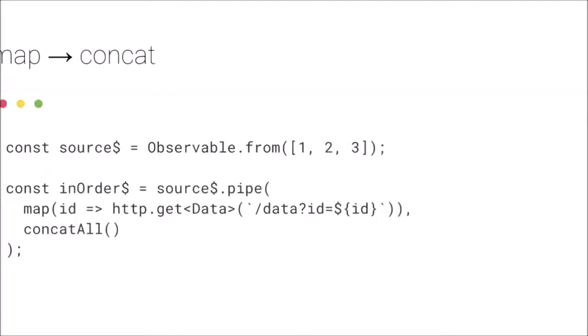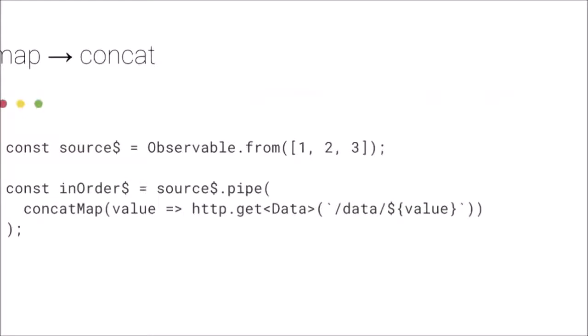So we'll get the data for ID 1, then the data for ID 2, and the data for ID 3. And it turns out that this pattern is so prevalent in Rx, mapping to a higher order observable and concating or merging or switching back down, that Rx has shortcut operators for all of these. So we have the concat map operator, which does both steps at once, right? Transforms into an observable and flattens them back down again.